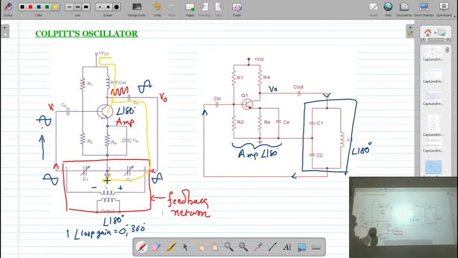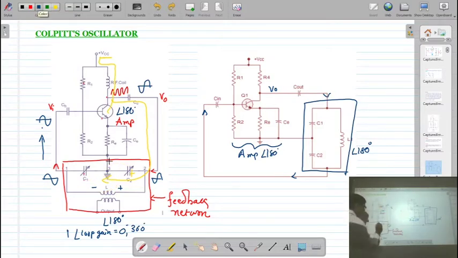Here this capacitor is going to be charged, and after that, in this tank circuit, oscillation is going to be produced. So charging and discharging of the capacitor through this inductor is going to take place, and due to that, whatever voltage appears across this capacitor will work as a feedback voltage for the amplifier circuit.